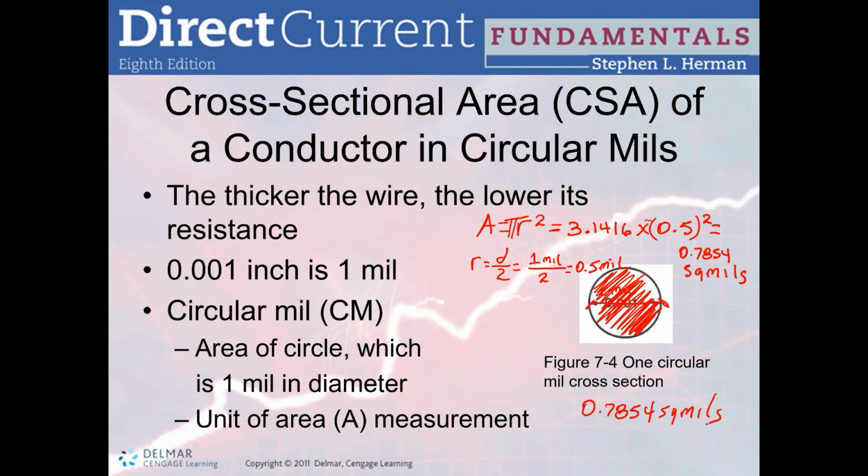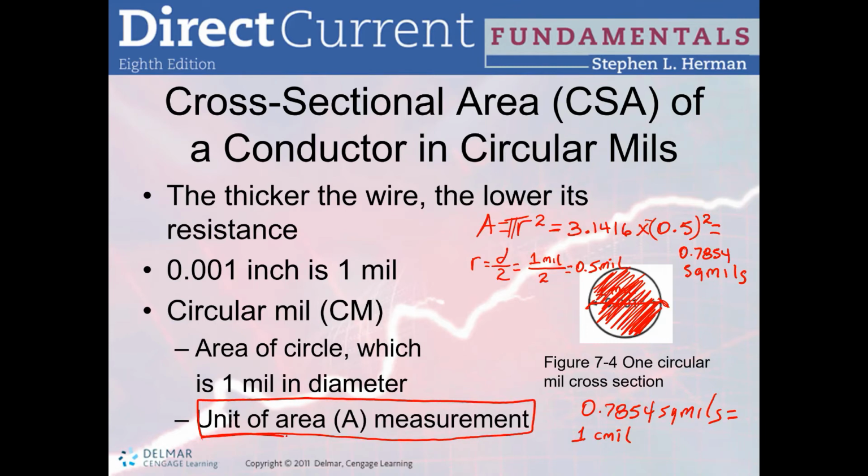Okay, now I want you to keep in mind that every time we say that we have 0.7854 square mils, we are going to come up with a new unit that we are going to call circular mil. So every time we have an area equal to 0.7854 square mils, that will be equal to 1 circular mil, which is going to be the unit of area that we are going to use going forward.